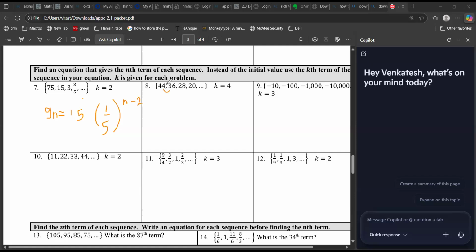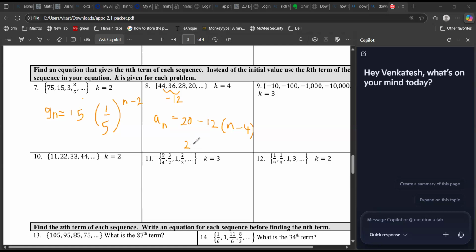Now, this is minus 12, right? This is an arithmetic sequence, right? So minus 12. So an will be equal to, fourth term means I'll use the 20. Then this is minus 12, so that is the common difference. But then 12 times n minus k, right? So they want to use the n minus 4 term.